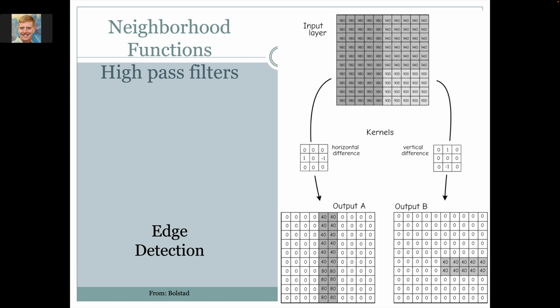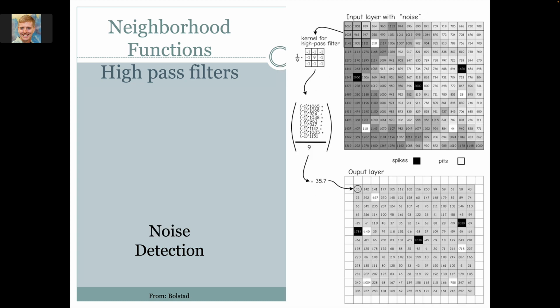But what we are seeing is that edge between the upper right and the lower right, where we have some values of 940 and some values of 900. Because it's completely consistent along there, a difference of 40 between those 2 grid cells, all of the grid cells in output B are going to have a value of 40.